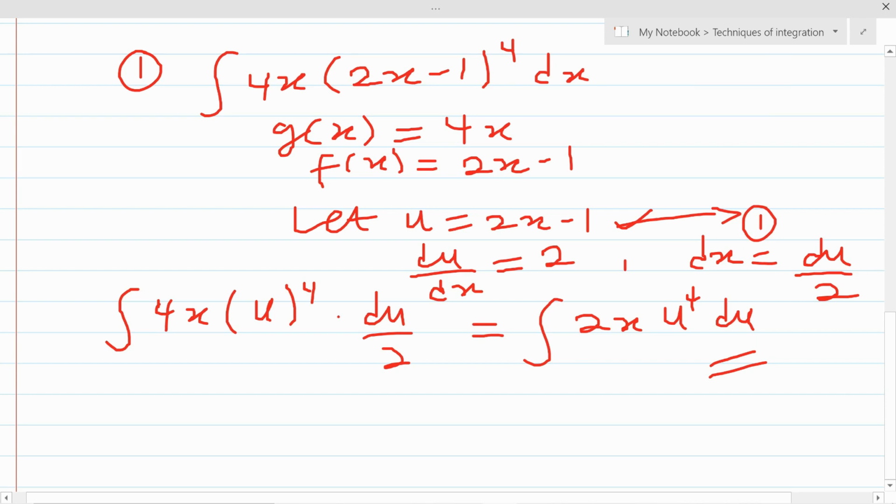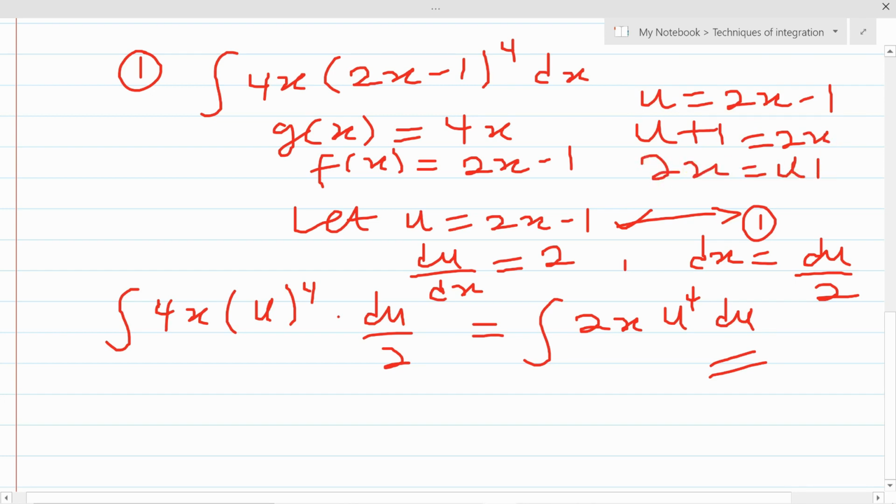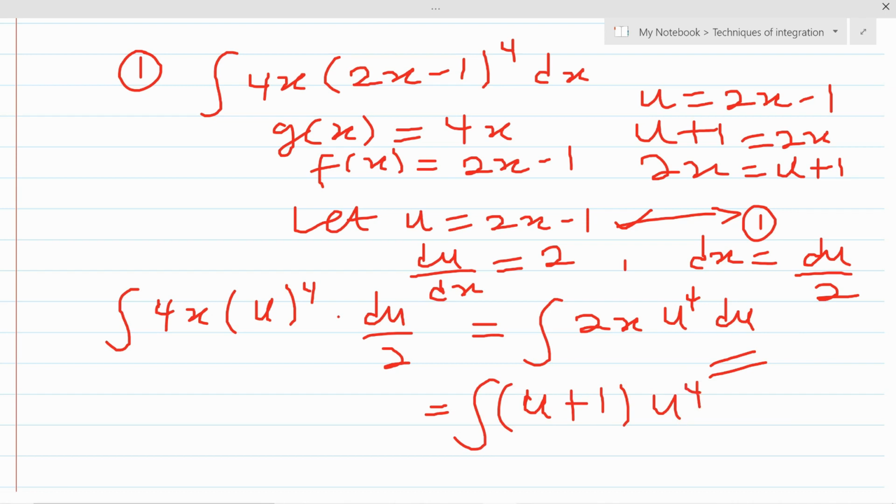So from that side we know that u is equal to 2x minus 1, then u plus 1, I'm just making 2x the subject, is equal to 2x. So actually 2x is what? u plus 1. So I come and put u plus 1 there, and this will give me integral of u plus 1 times u to the power 4 du.